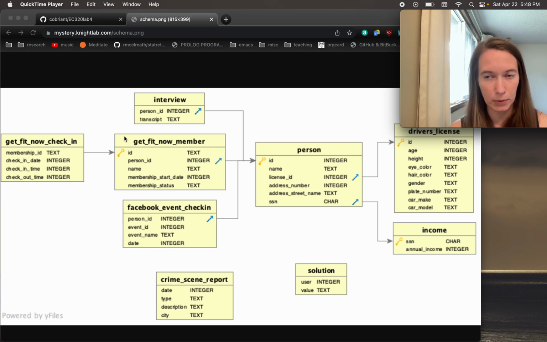So there's all these different tibbles, and the arrows tell you, okay, the get fit now check-in membership ID variable can be matched with the get fit now member ID variable. So that's what these arrows are. Definitely take a look at this diagram if you're wondering how to match these different tibbles. It's all right here.